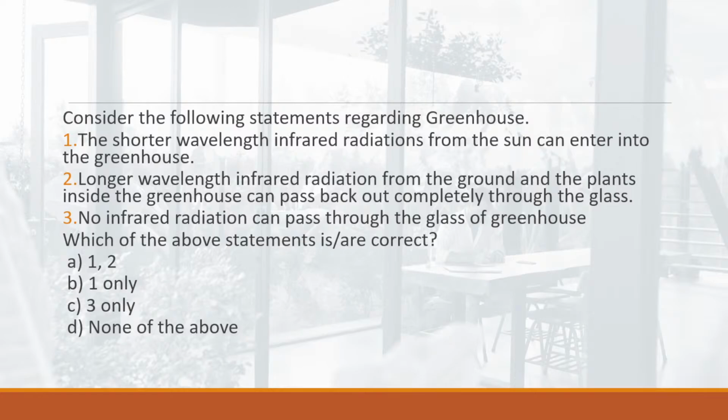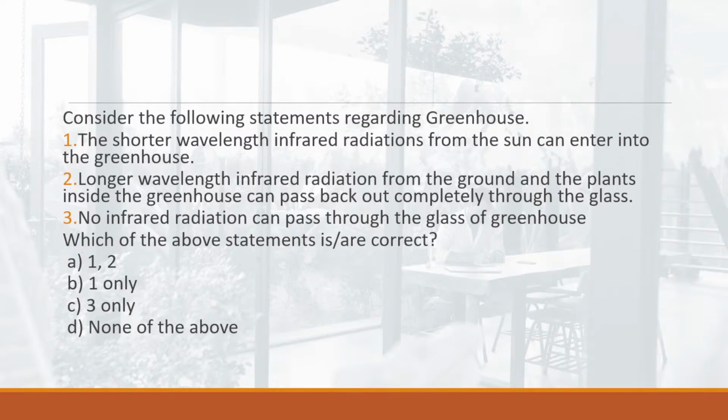The statements are: shorter wavelength infrared radiation from the sun can enter into the greenhouse; longer wavelength infrared radiation from the ground and the plants inside the greenhouse can pass back out completely through the glass; and no infrared radiation can pass through the glass of the greenhouse.